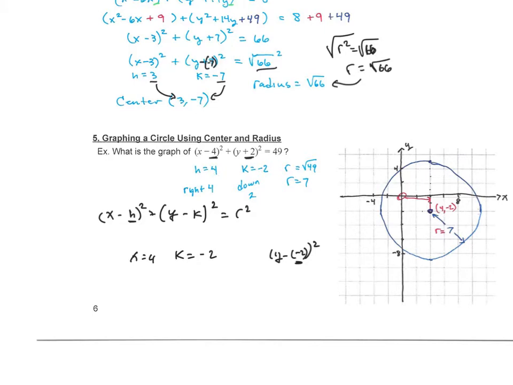Then I'm going to go from that point with a radius of 7. Since this is 7, this is 7, 2, 4, 6, 7, 2, 4, 6, 7, 2, 4, 6, 7.